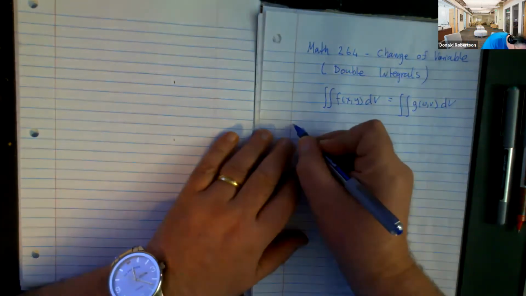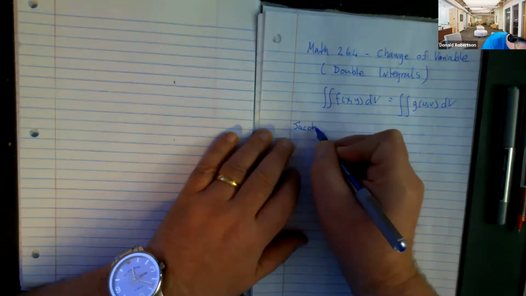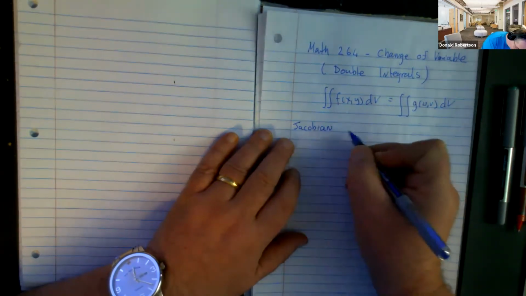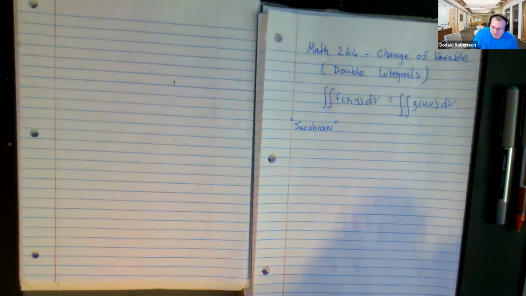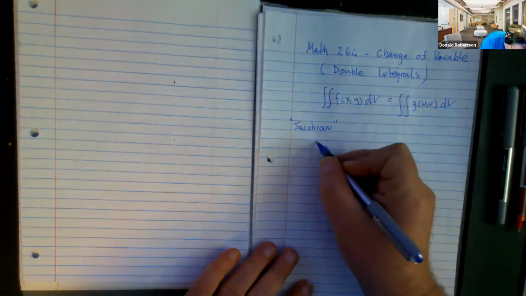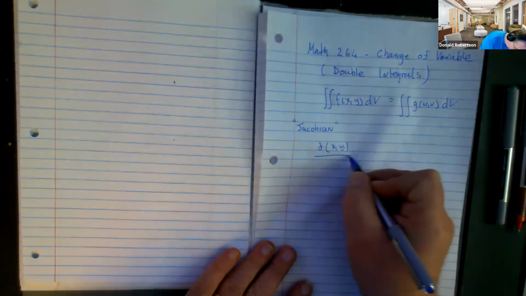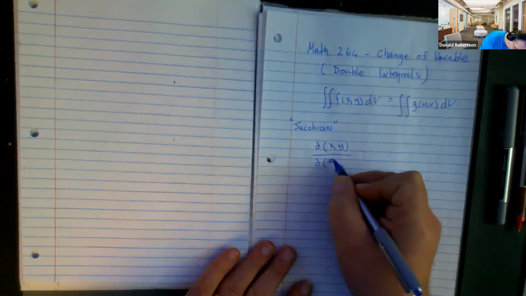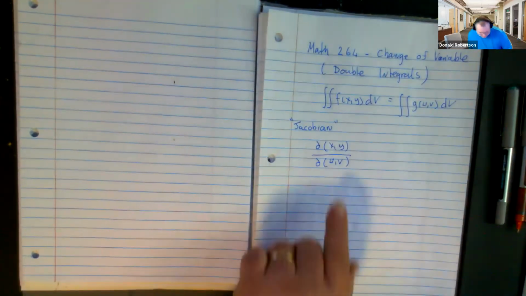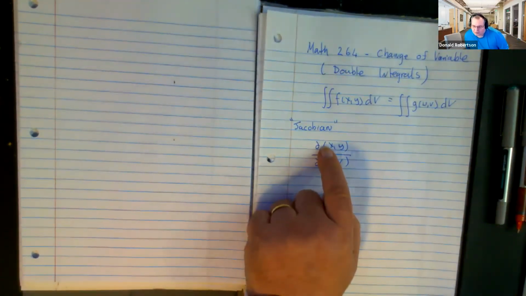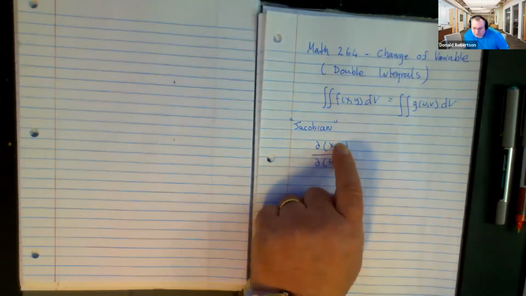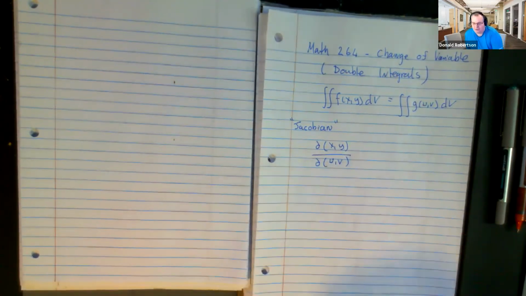So we are going to look for a guy called the Jacobian. I believe that's actually the last name of this guy, so he got it named after him. And the Jacobian looks like this. We're actually going to do a partial derivative of two variables in terms of two variables, which is a weird thing.